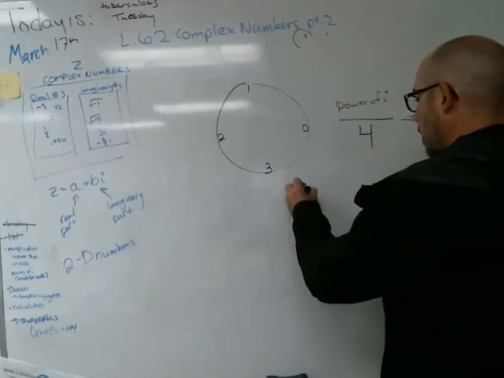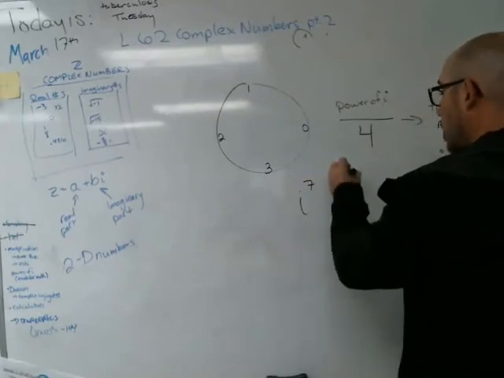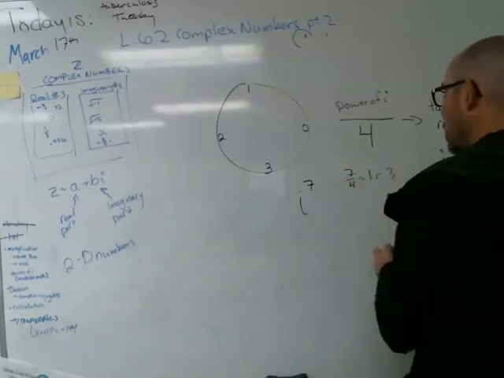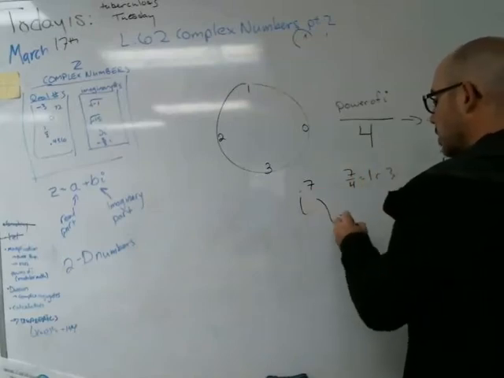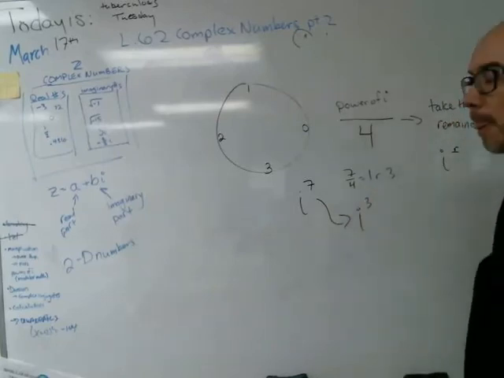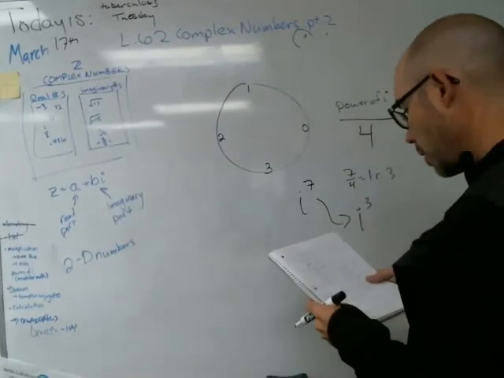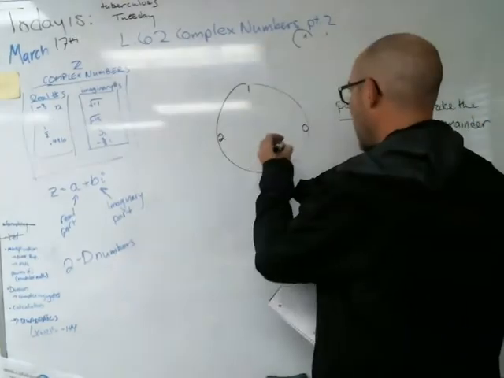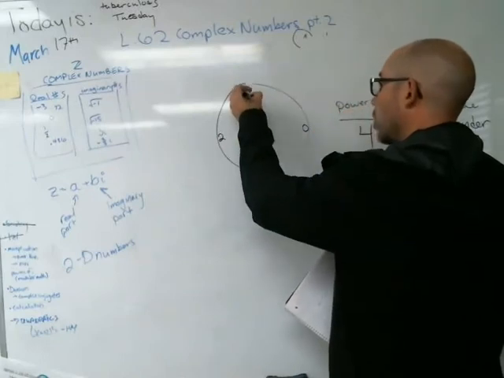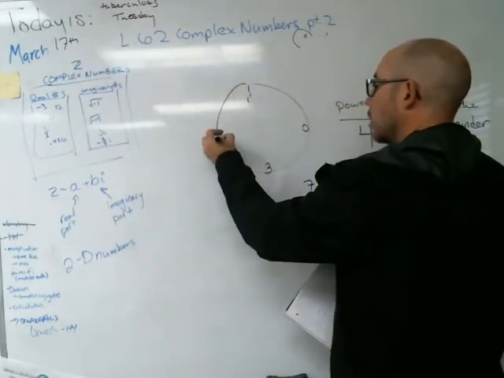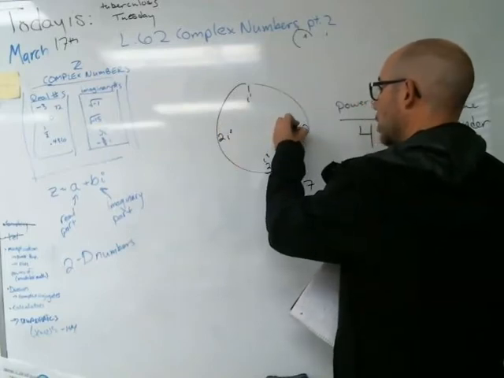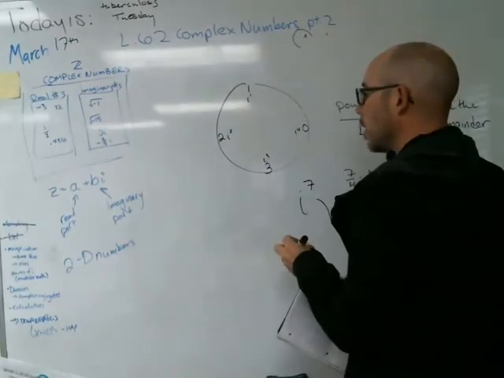Or maybe I'll pick something else that's better than that. Let's say we had i to the 7th. Well, 7 divided by 4 is 1, remainder 3. So this is the same thing as i cubed. Let me just demonstrate this to you. Let's say we have i to the 0, and then we go i to the 1, i squared, i cubed. i to the 4th is the same thing as 1.